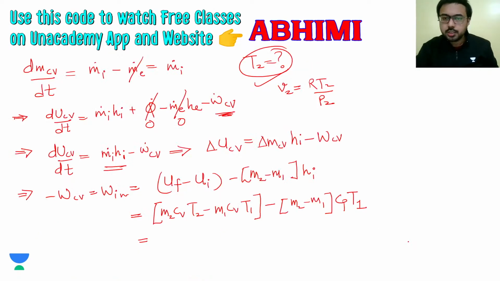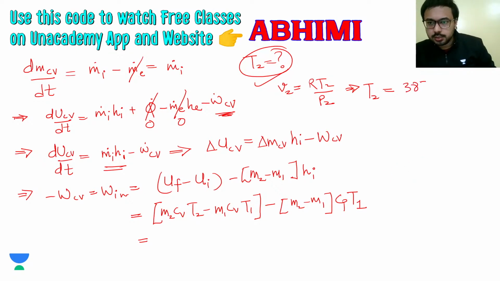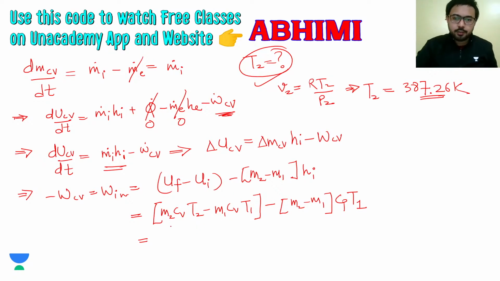Now let's use this and calculate the final temperature. So the final temperature T2 is coming out as 387.26 Kelvin approximately, and you can use it here and find the final answer.